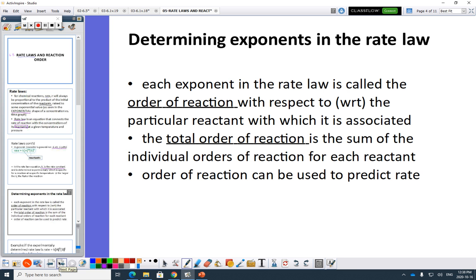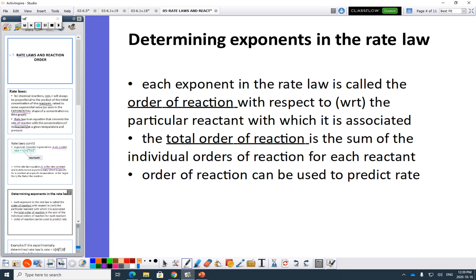Okay, so we're going to determine the exponents in the rate law. The exponents in the rate law help us with what's called the order of reaction. An exponent influences how much that reactant concentration will influence the rate of reaction, and we call that the order of reaction. And then for the total order of reaction, you just have to add them together.